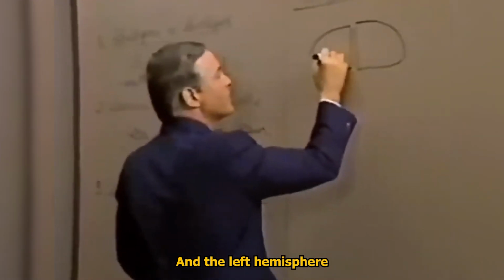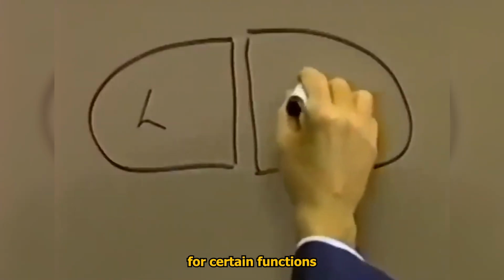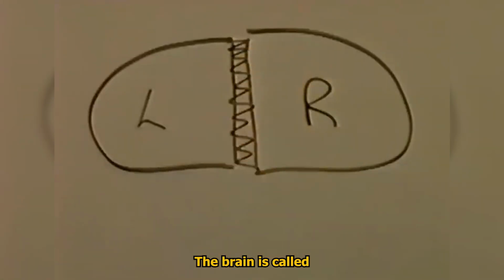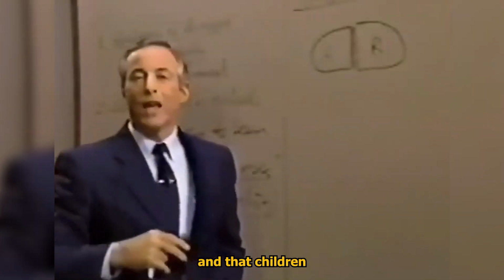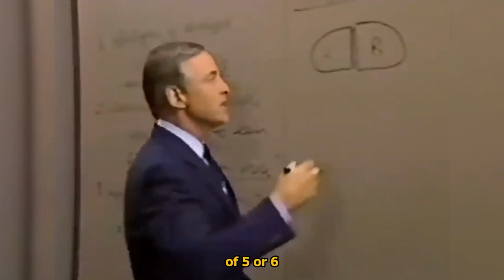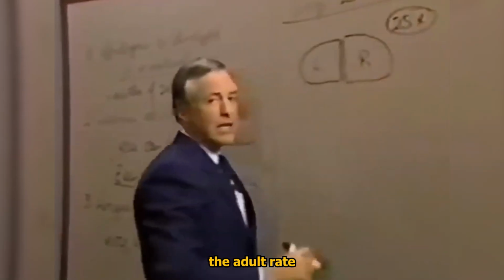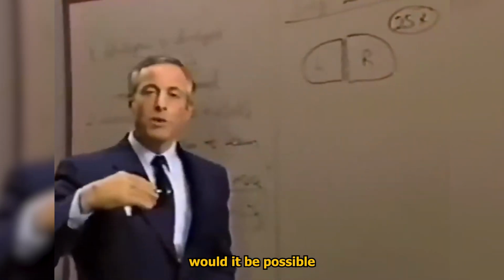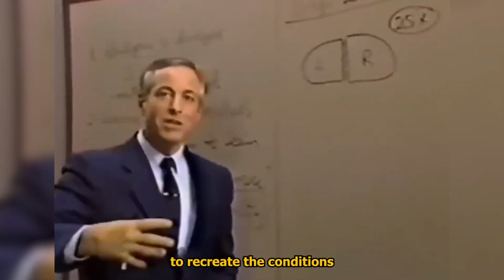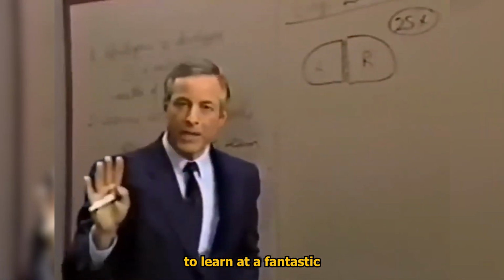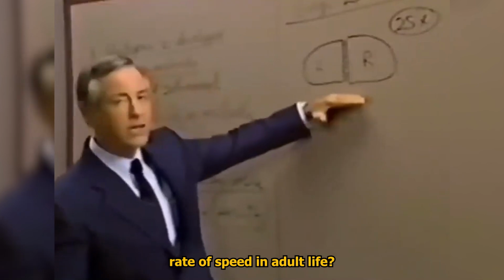He also found that there's a massive tissue that divides the brain called the corpus callosum, and that children up to the age of 5 or 6 learn at about 25 times the adult rate. And his thought was, would it be possible to recreate the conditions that exist in early childhood that enable children to learn at a fantastic rate of speed in adult life?